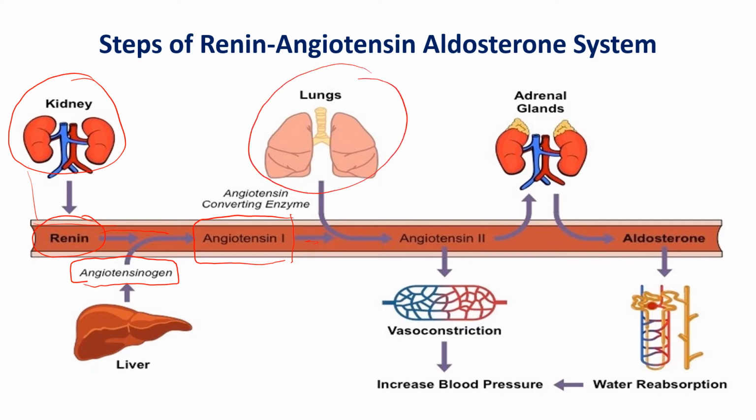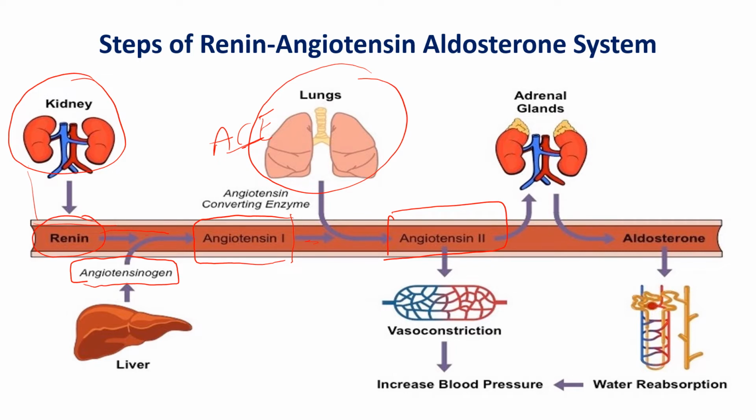So in the lungs, with the help of angiotensin converting enzyme, something that we call ACE. ACE means angiotensin converting enzyme, and these enzymes are in the lungs, by the way. So in the lungs, with the help of ACE, angiotensin 1 gets converted into angiotensin 2. All right. So angiotensin 2 is the product of angiotensin 1 that got converted with the help of ACE.